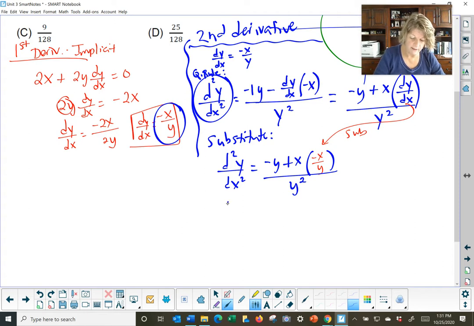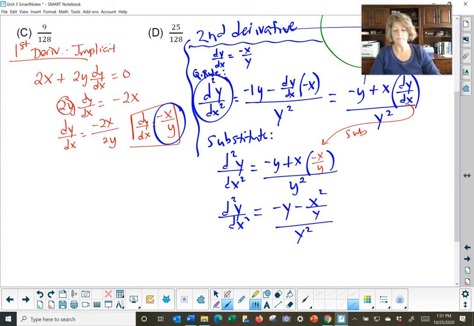Okay, that simplifies down a bit. We could simplify it down a lot. I don't think we'll go to the extent of making like denominators and all that good stuff. I just want to get this as negative y minus x squared divided by y squared. You know what, I lied. I'm going to go ahead and simplify this out.